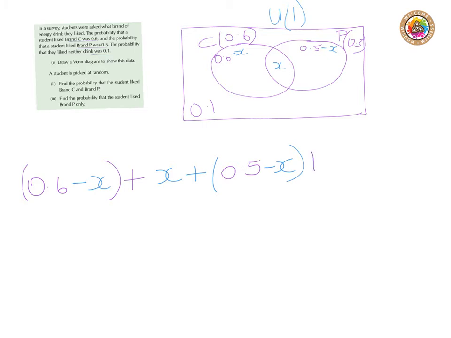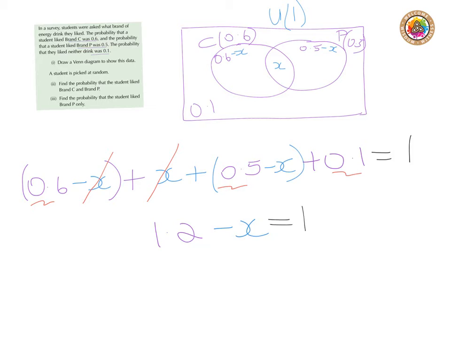I add on my 0.1 from outer space, and again I know that that is all equal to the total universe, which in every case is 1, because all my probabilities must add up to 1. So when I add those together, minus X and plus X cancel. Just tidying up the numbers, 0.6 plus 0.5 plus 0.1 gives me 1.2. What else am I left with? I'm just left with my minus X, and so that is equal to 1, okay?